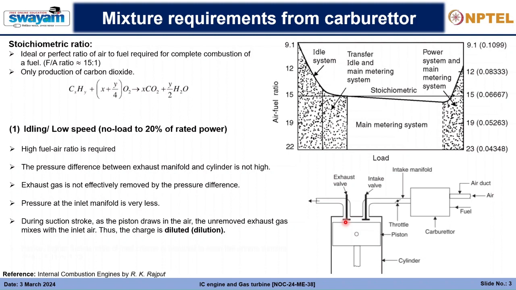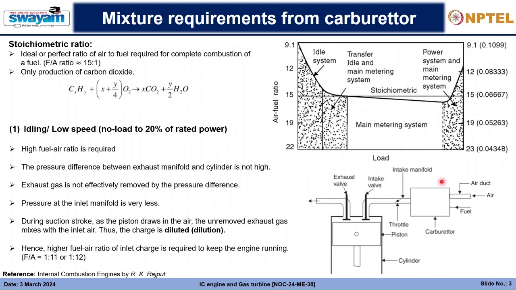So what is the solution to keep the engine running now? We will have to supply a very rich mixture of fuel to air in order to compensate. If the fuel quantity in the inlet air is quite high, then although the exhaust gas is present and not completely removed, the fuel content is quite high, and that will actually burn up, and it will compensate for the loss in the pressure inside the cylinder.